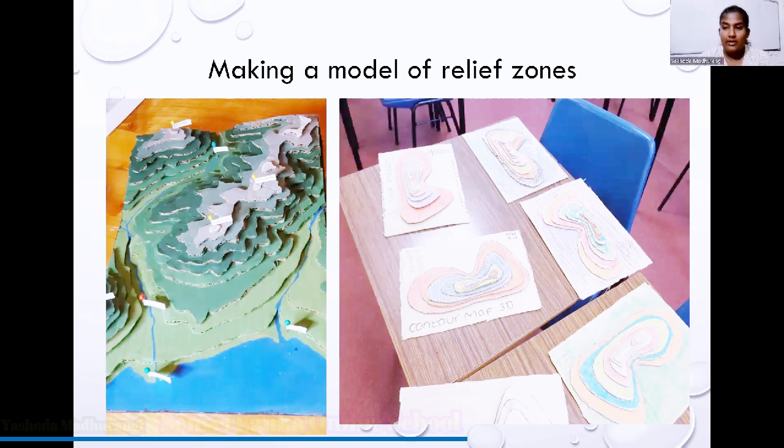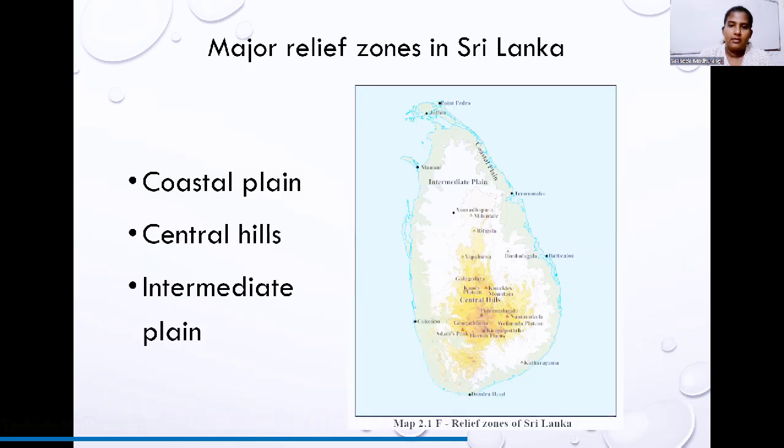We can make models. Central hills is the highest area, and coastal plain is the lowest area. So when we are trying to understand these landscapes with their height, we can say like this.